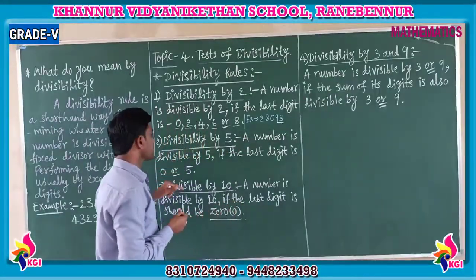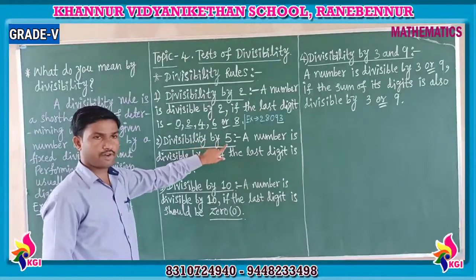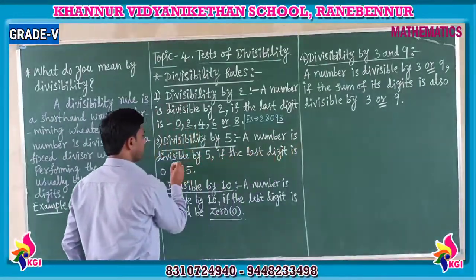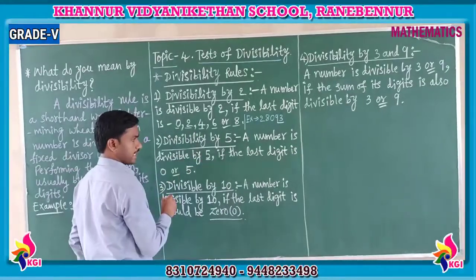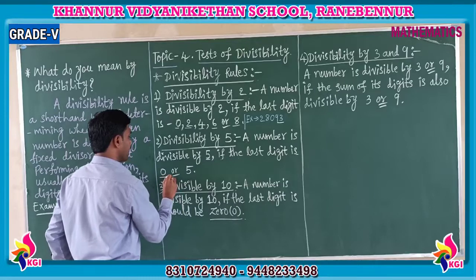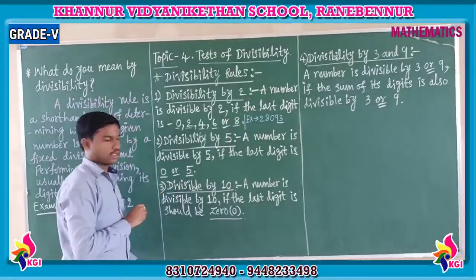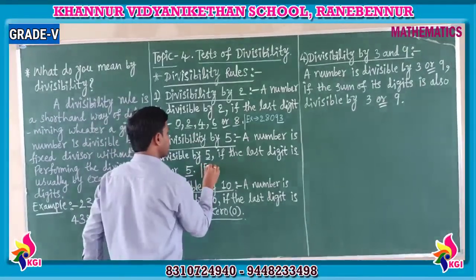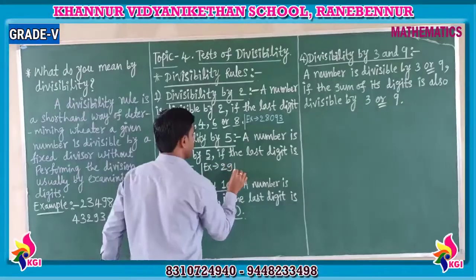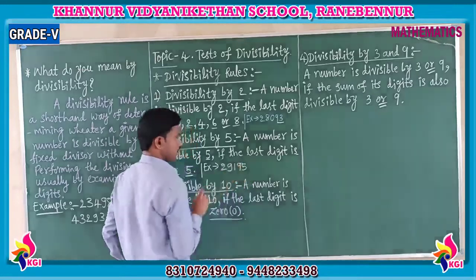Then the second one is divisibility by 5. The rule says that a number is divisible by 5 if the last digit is either 0 or 5. Examples: 29,195.